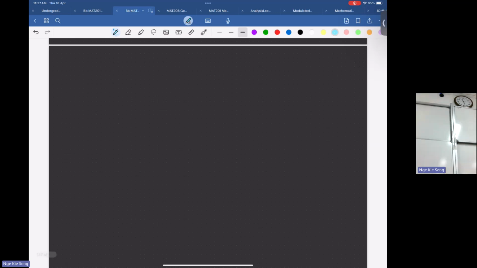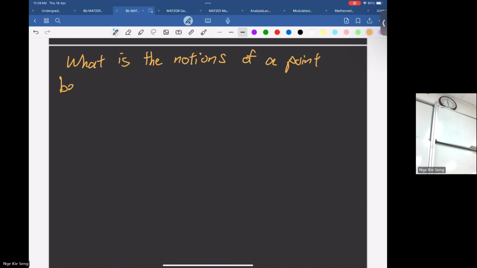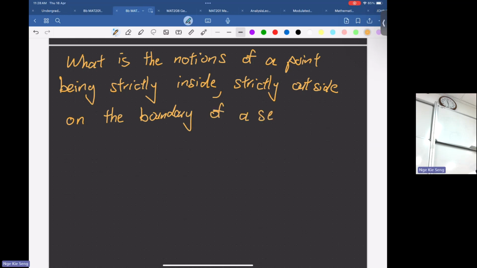Next, we will talk about the notion of a point being strictly inside, strictly outside, or on the boundary of a set.